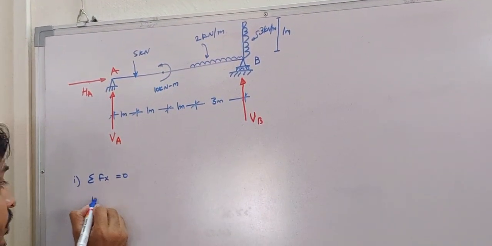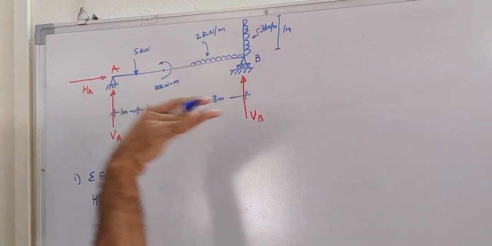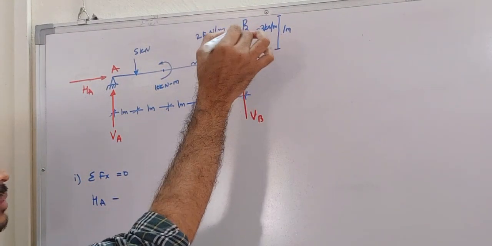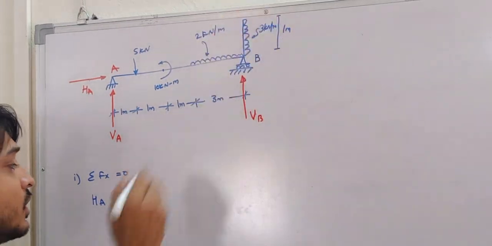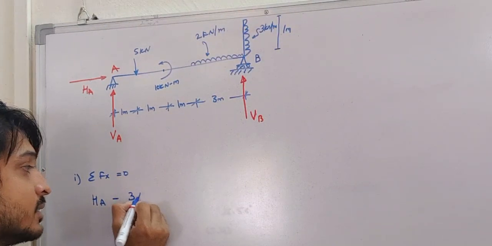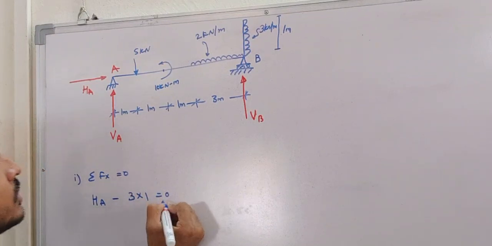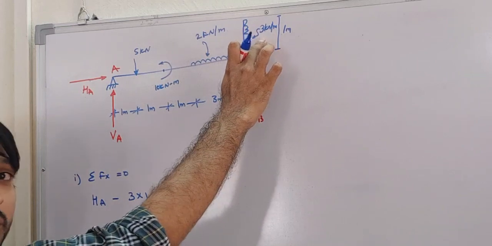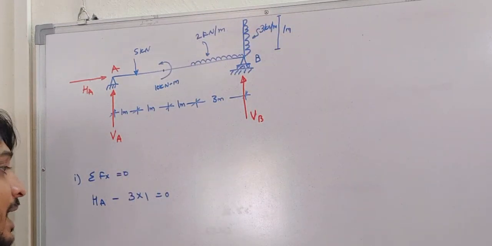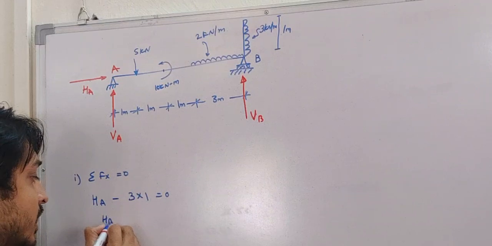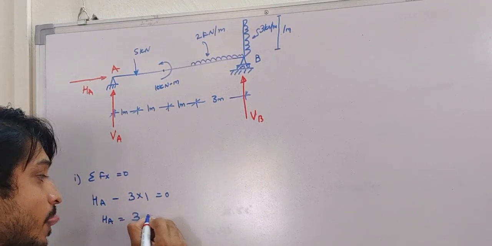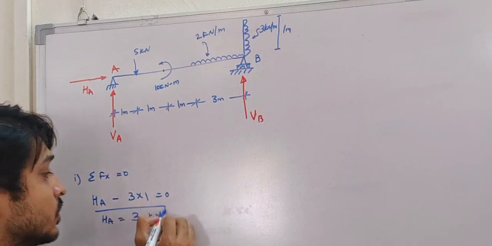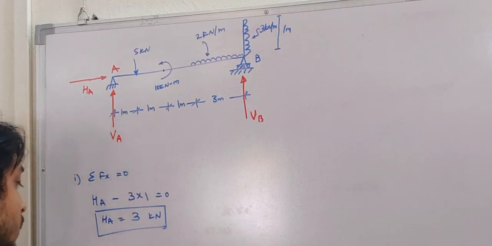One is the reaction acting in the horizontal direction, and then there is this 3 kilonewton per meter over a length of 1 meter, so 3 into 1, equals 0. There is no other horizontal force except this HA and this uniformly distributed load. So HA is equal to 3 kilonewton. This is the first one.